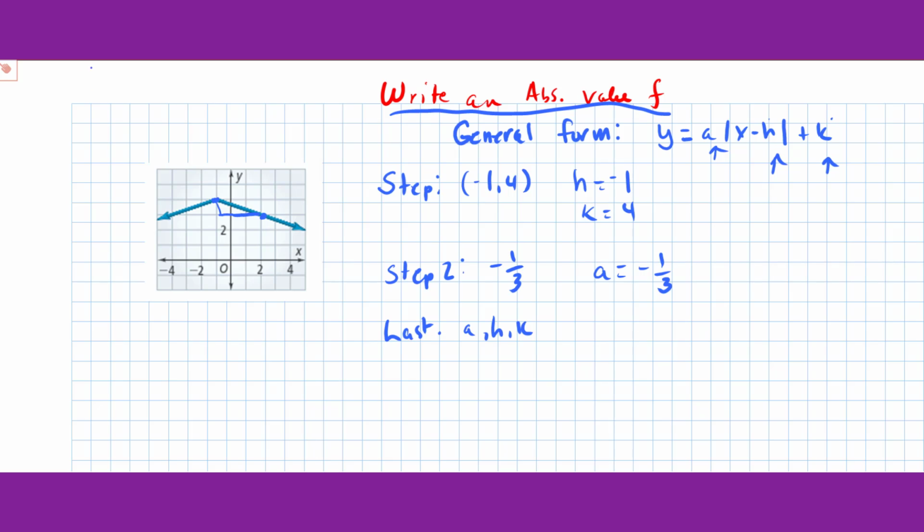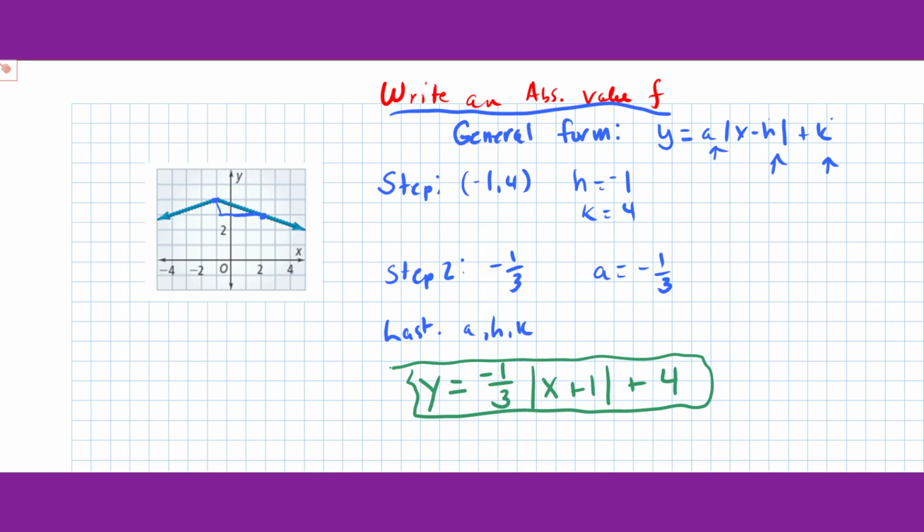So I've got y equal -1/3, that's my a value, and then absolute value x plus 1, that's my h value, plus my last value, which is 4, that's my k value. All right, so we took an absolute value graph and we created a function for it.